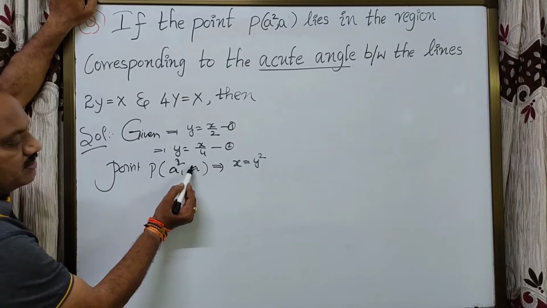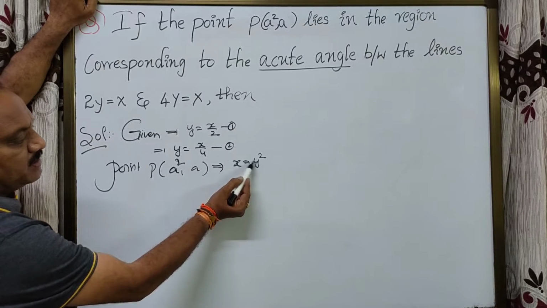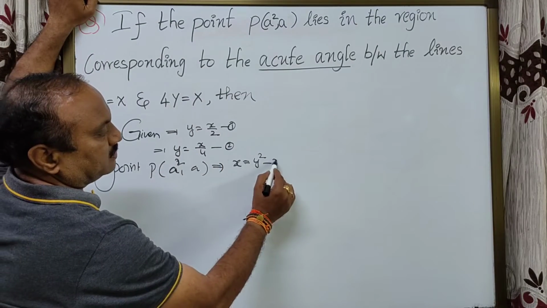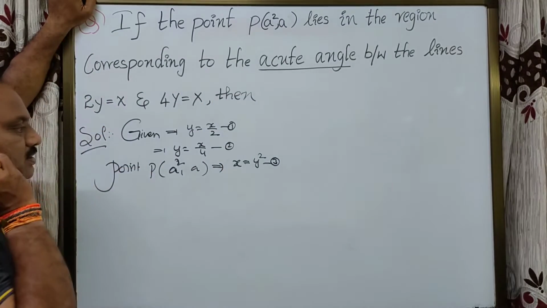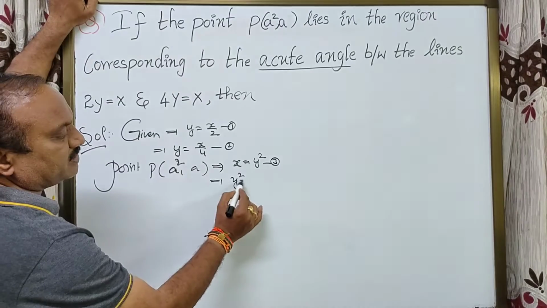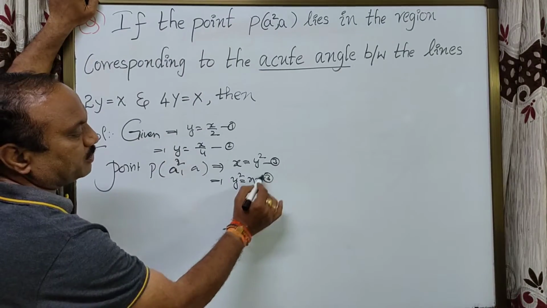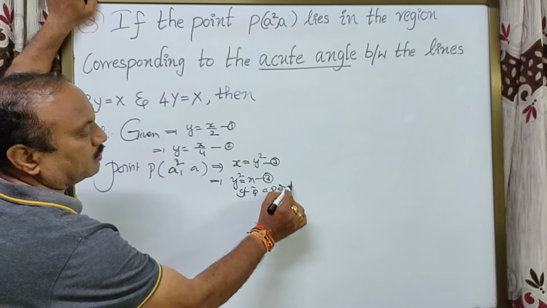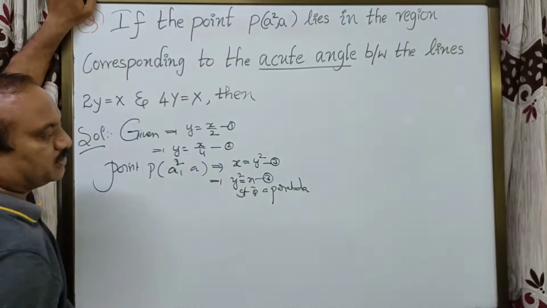When you substitute y as a, it becomes x equals a². It is curve 3. My dear students, x equals y² means y² equals x. It is a parabola. It is very, very important.